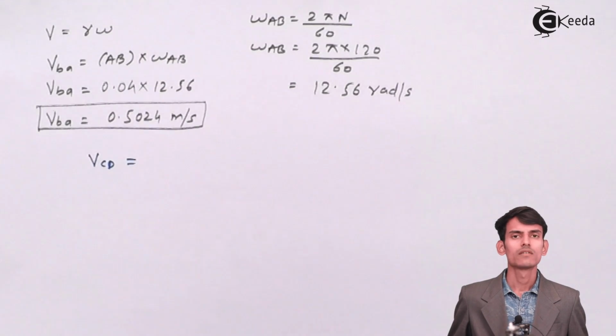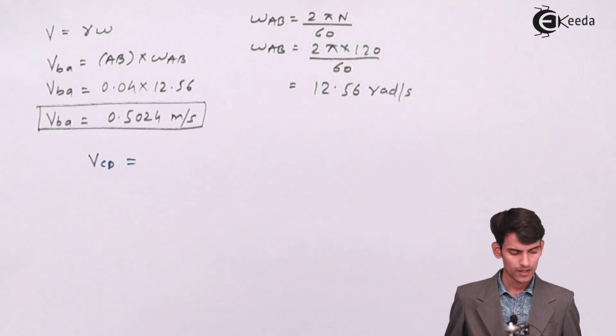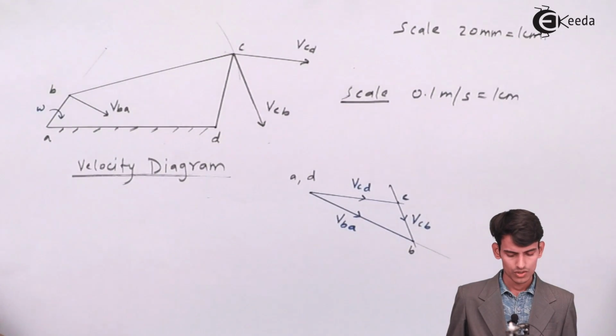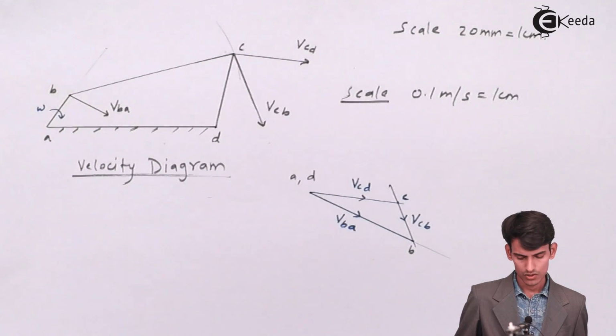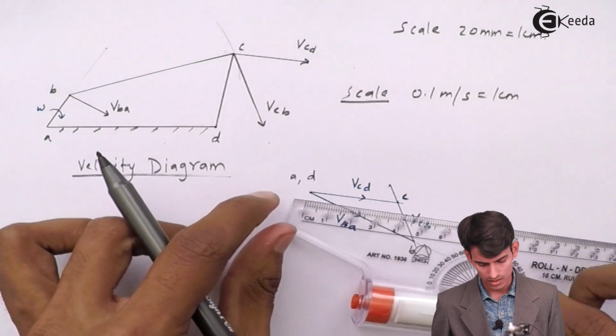If you want to calculate the value of VCD, you should know this length in the diagram, and you have to multiply it by scale. So first of all, let's measure this length.